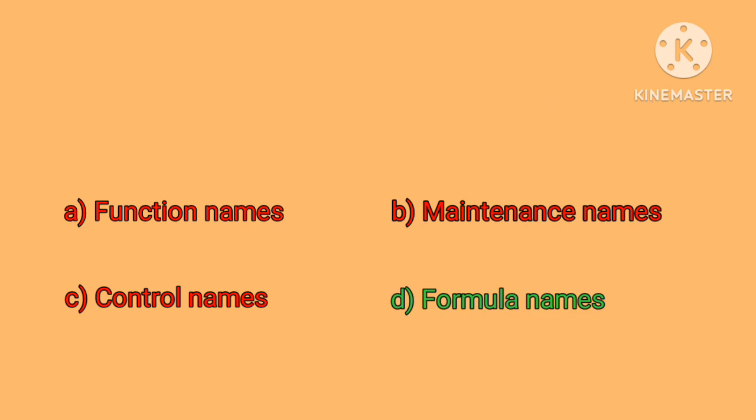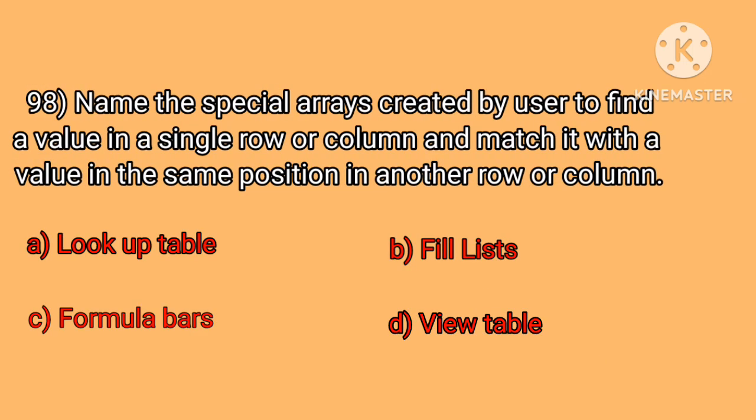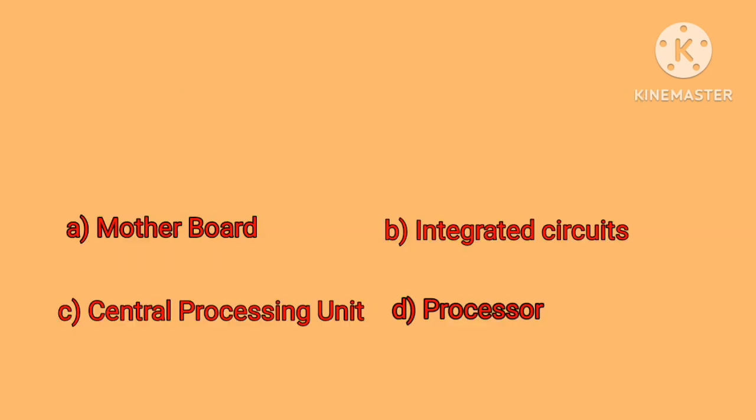What is the name given in order to maintain the results of formula typed in Excel sheet? Formula names. Name the special arrays created by user to find a value in a single row or column and match it with a value in the same position in another row or column. Lookup table.